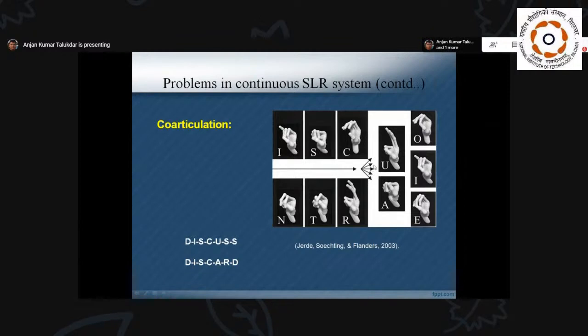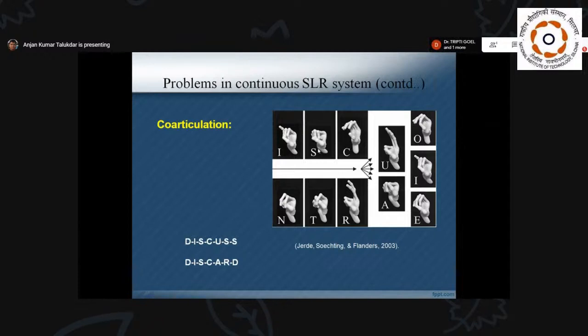So what happens if C is followed by A? Then the articulation of S will be affected by this because they are similar. But if C is followed by U, then the effect on this articulation will be different.